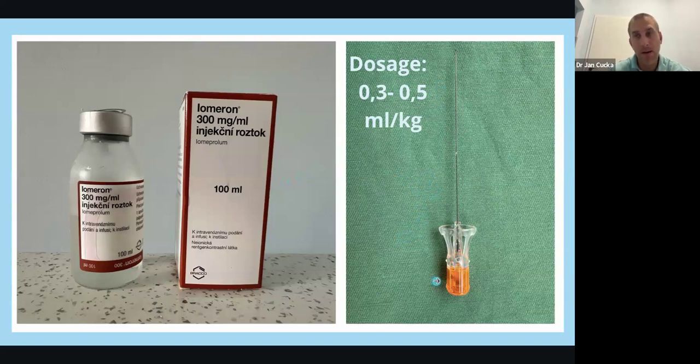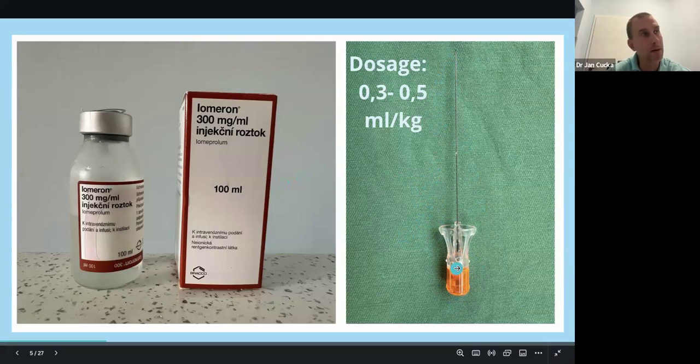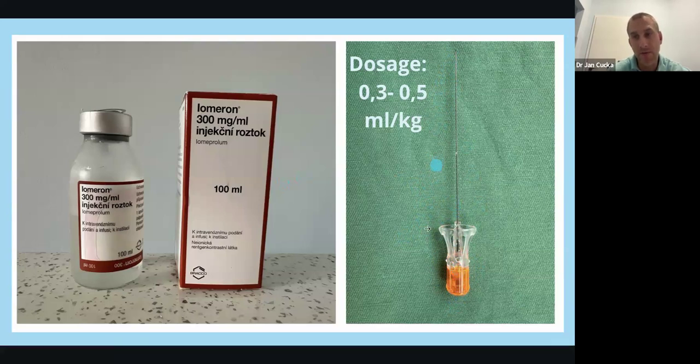There are a lot of types of spinal needle, and usually I use this one for all types of animals. For bigger ones, I use the black one, but 80% of animals I can perform with this one.